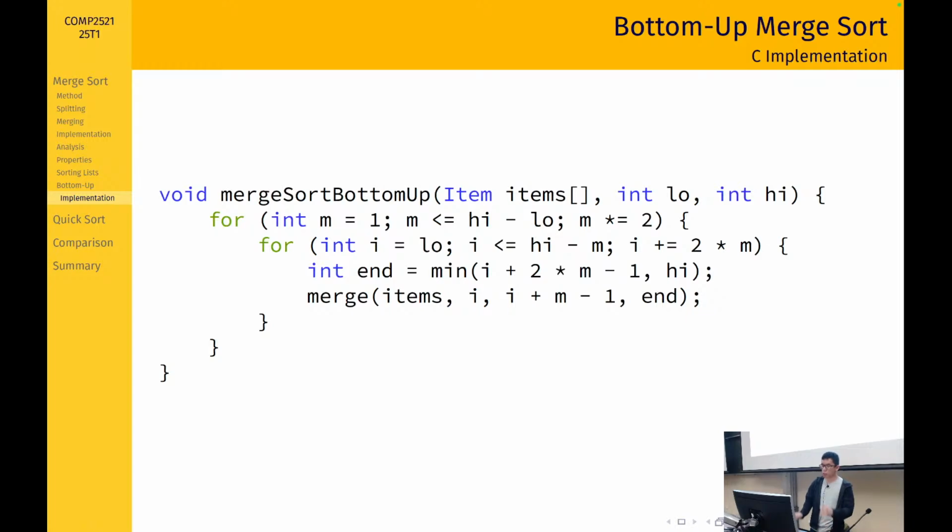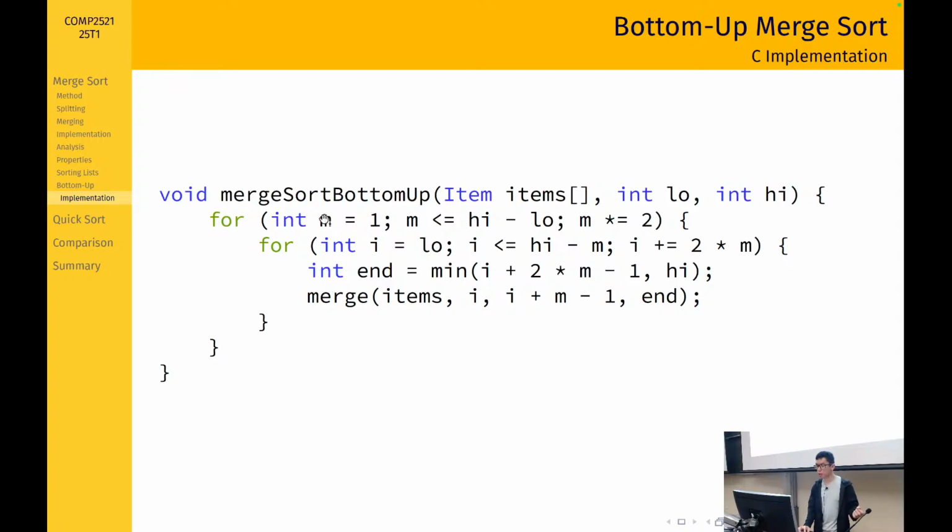Okay, and here's the implementation of bottom-up merge sort. So, like with the sorting algorithms that we talked about, it takes in an items array and a low and a high. And this outer for loop, right, this m variable is the length of the runs that it's merging together, right?